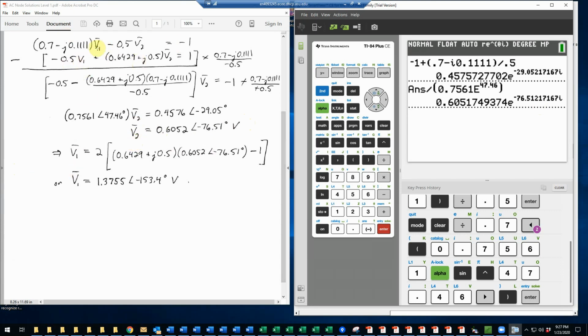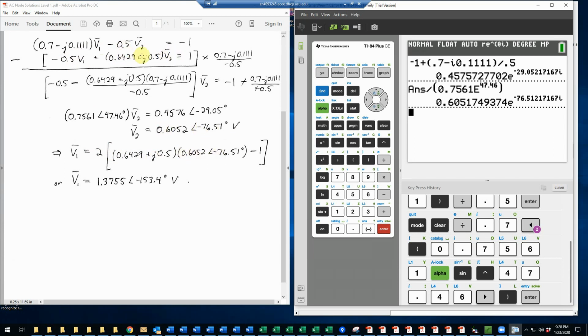So I've chosen to do this one. We have basically taken the V1, it's going to be equal to this times the V2, which is the thing I just calculated.